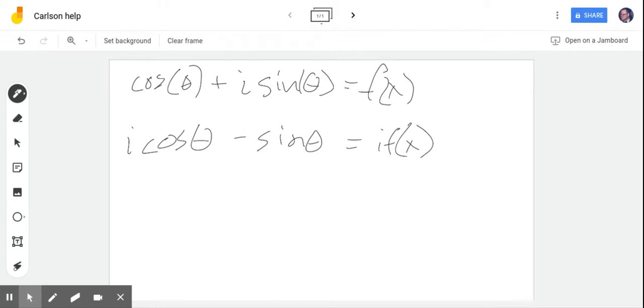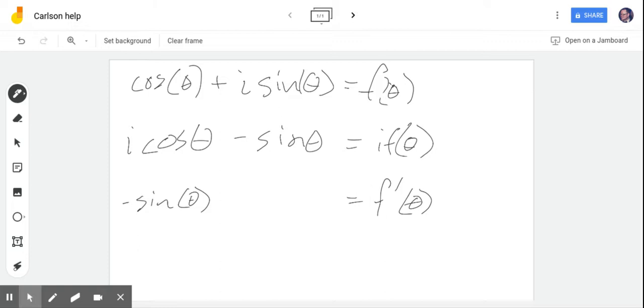However, I said x, it should be theta. Sorry. Here, let's erase that and that. However, if we take the derivative of our original function, so if we take the derivative of cosine, that's going to be negative sine of theta.